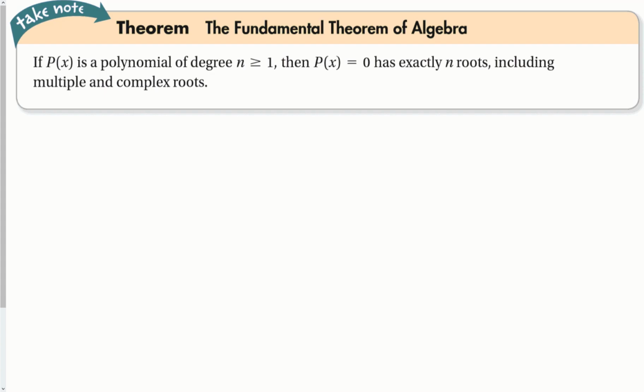It basically says that if you have a polynomial and its degree is 1 or more, then that polynomial has that many roots, if you count every multiple root as an individual root, and any complex roots as well. And remember that complex roots come in pairs, so if you have one, you're going to have its conjugate. Short version here is whatever the degree, that's how many answers you need to get.